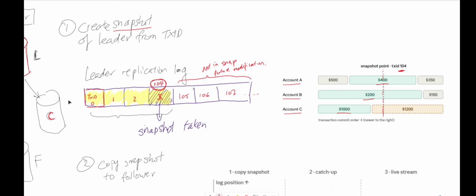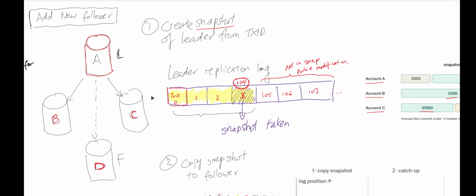The reason why we have to do it this way is because as we're adding a new node into our cluster, our users could be sending additional updates to our database. We don't want to lock the database down and freeze all of the values and all of the tables just so we can add a new replica.